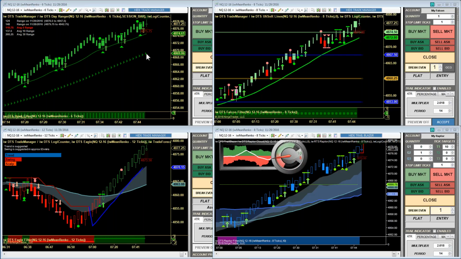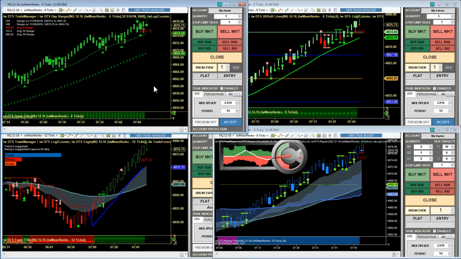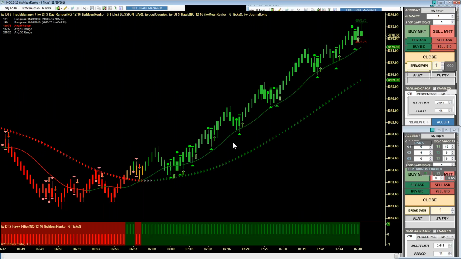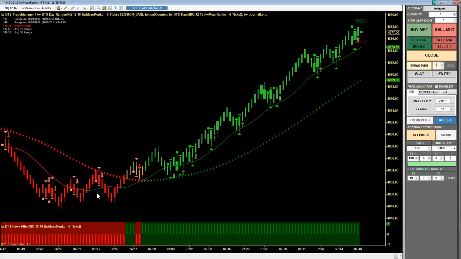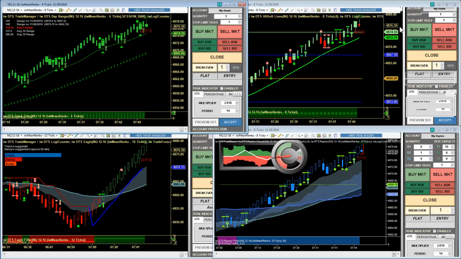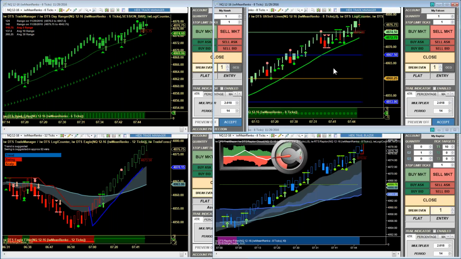A macro pullback would suffice. The problem, of course, with any signal that prints now is where in the world do you put your stop? But the market is definitely bullish.